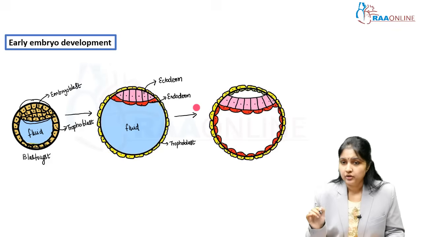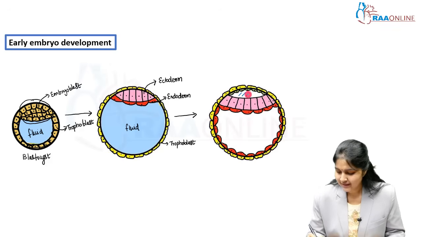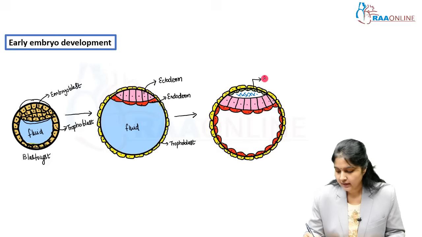Next, you can see that one more cavity has formed just above the ectoderm, and this cavity is lined by this green cell. This green cell is called an amniocyte. They are to become the amniotic membranes in the future.